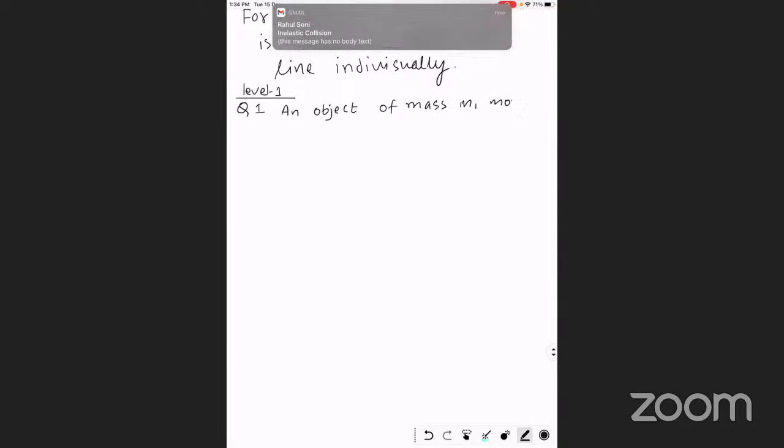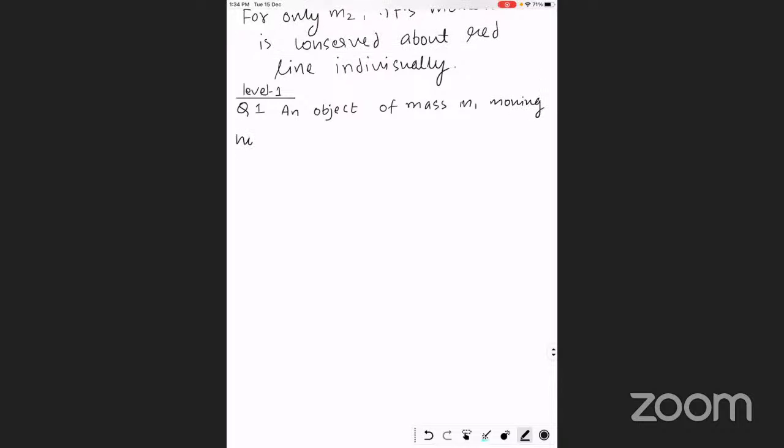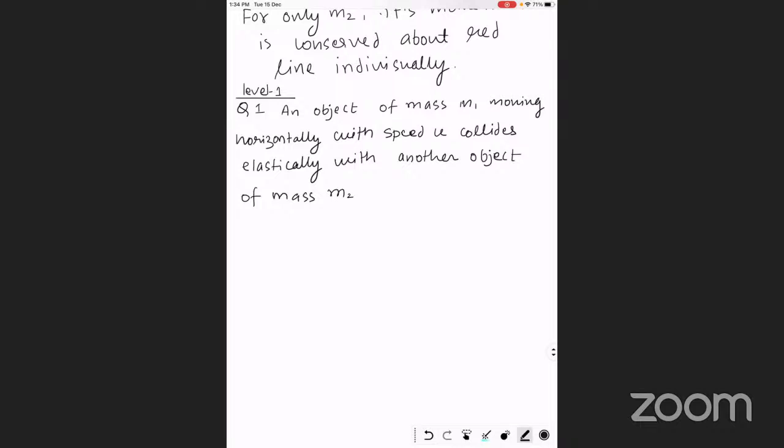An object moving horizontally with speed u collides elastically with another object of mass m2 at rest. Select the correct statements.